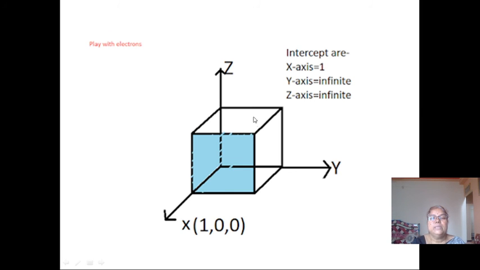So this plane is called the 1 0 0 plane, and 1 0 0 means it intercepts at one axis and remains parallel to the other two axes. Suppose it is a unit cube. On the x-axis it is at distance 1, on the y-axis infinite, and on the z-axis it is also infinite. So such a plane of the cube is called the 1 0 0 plane.